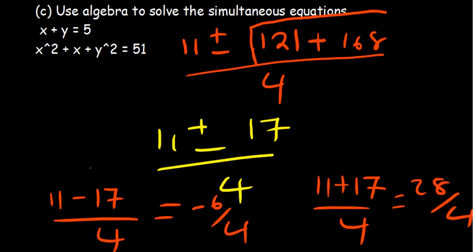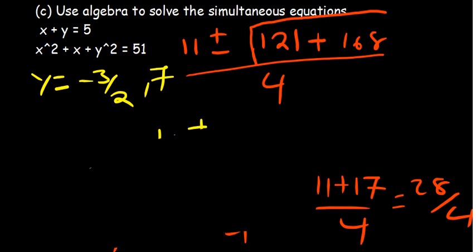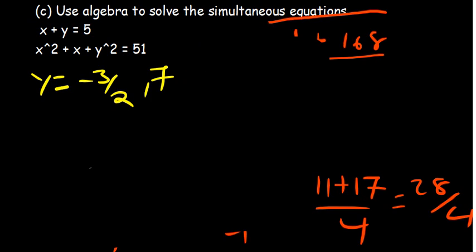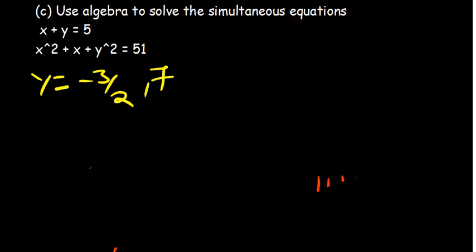So therefore our two possible values of y are, the first one, negative 6 over 4, which is the same as, dividing by 2, negative 3 over 2. Then the other value, 28 divided by 4, is 7. So these are the two possible values of y.